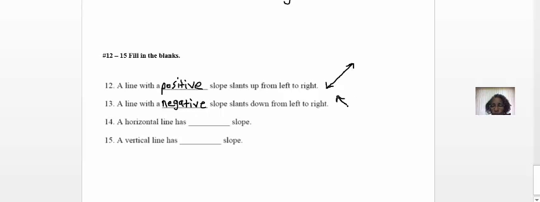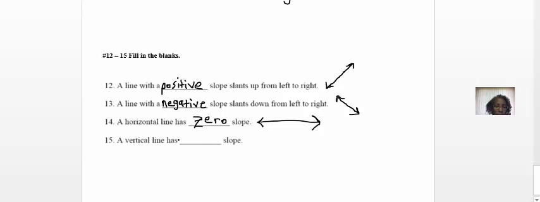So in other words, if your slope is negative, you're moving downhill from left to right. So you would have a look along this line or in this fashion. A horizontal line has 0 slope. So remember, horizontal line, there's no change in y.